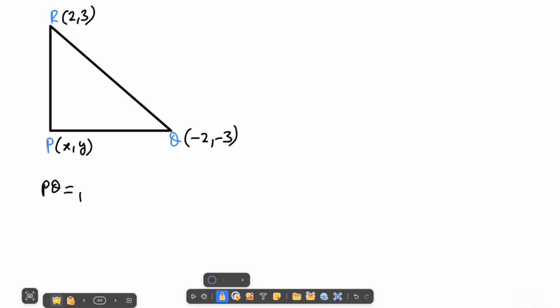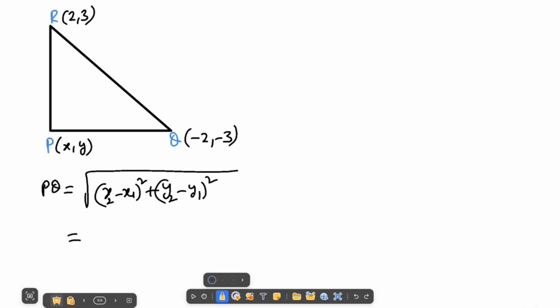So what is the formula, distance formula? Under root of x2 minus x1 whole square plus y2 minus y1 whole square. Here x2 minus x1.